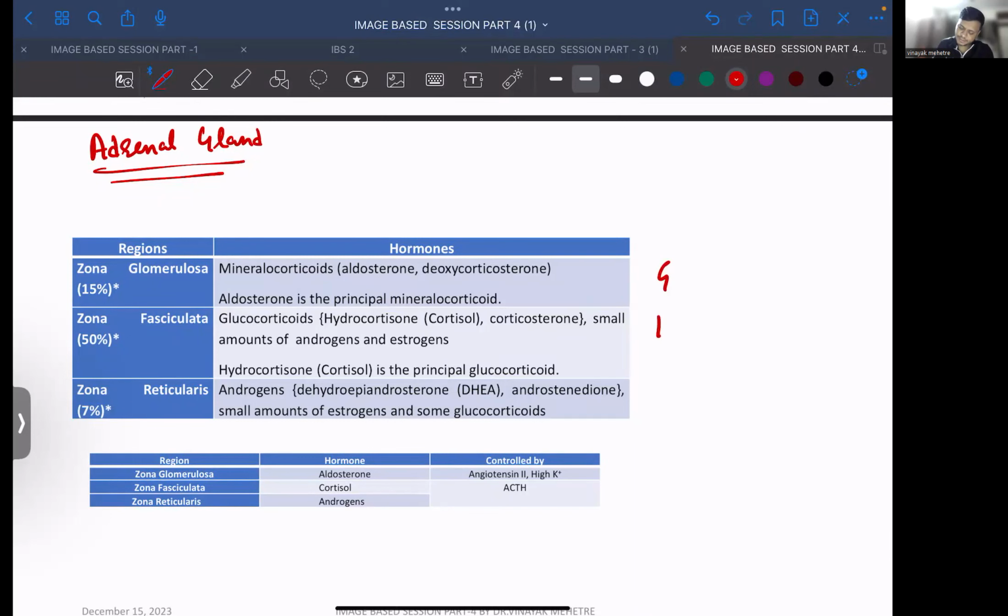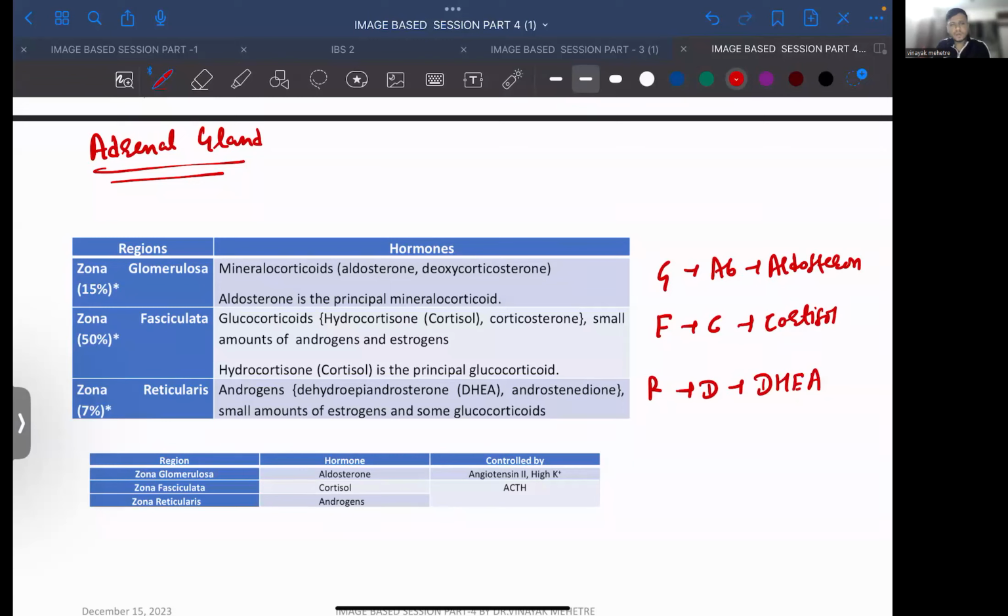Remember it like this: GFR, ABCD. A is aldosterone, C for cortisol, and D for DHEA. Okay, androgen.